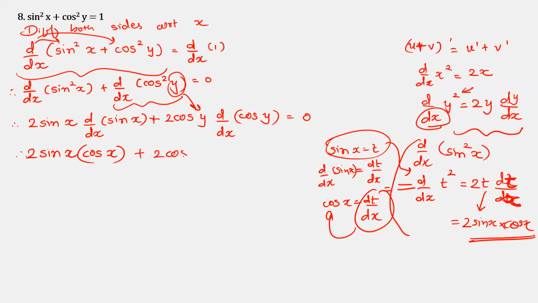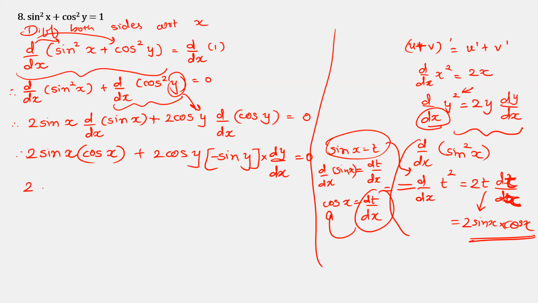Here 2 cos y, d by dx of cos y: cos gives a minus sign, but still the angle is y, not x, so dy by dx. Since we have to find dy by dx only, we have to make dy by dx the subject. So let me take it to that side.